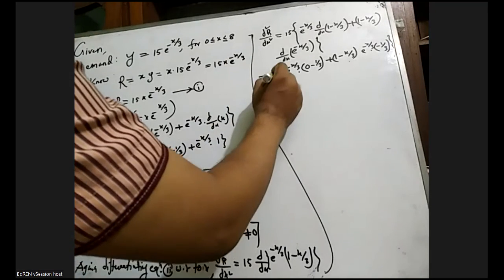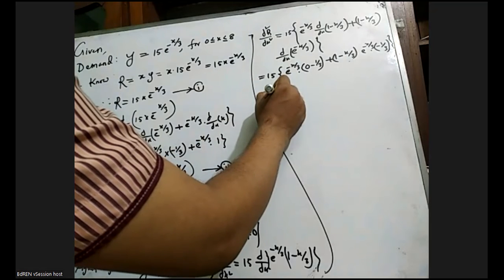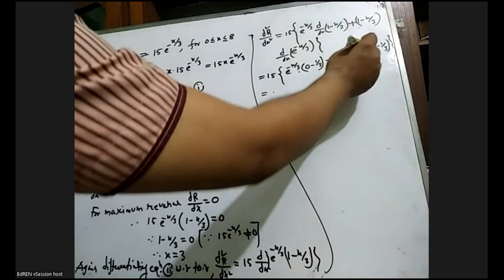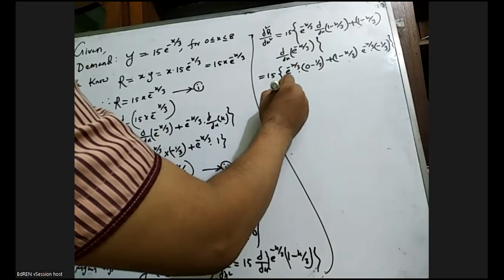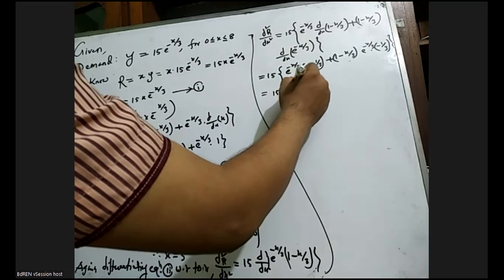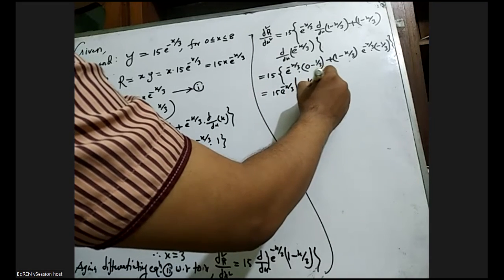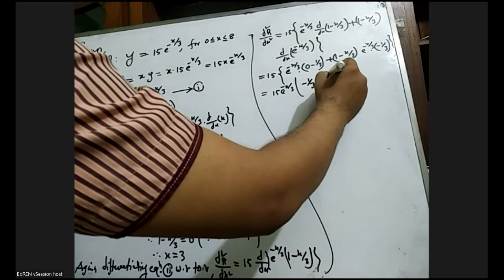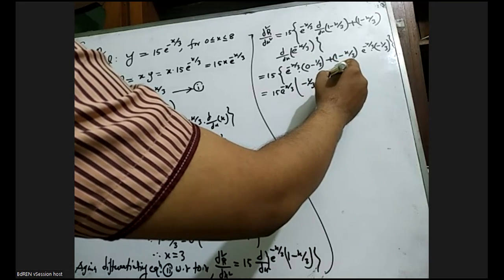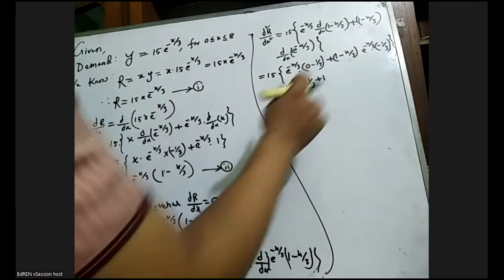Now multiplying with 15, e to the power minus x by 3 will be common here. 15 e to the power minus x by 3 will be common. So we get minus 1 by 3, plus 1, minus, sorry, this will be minus.